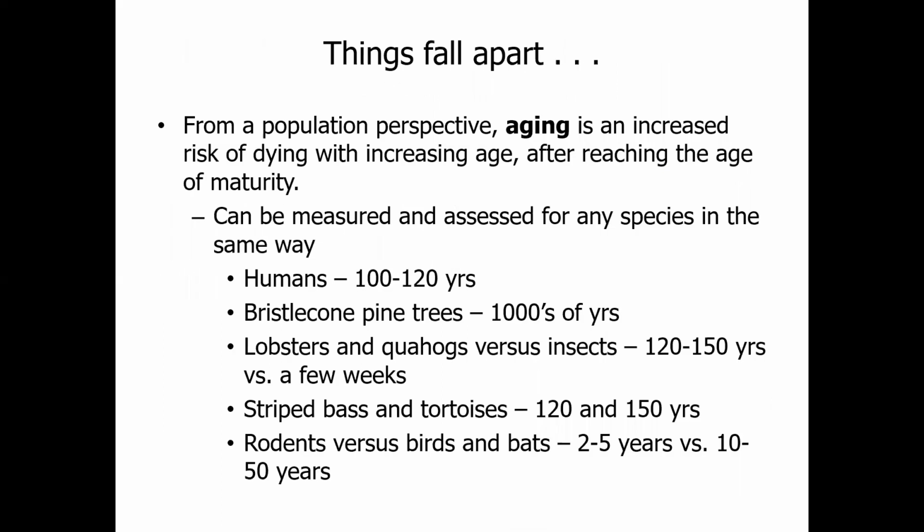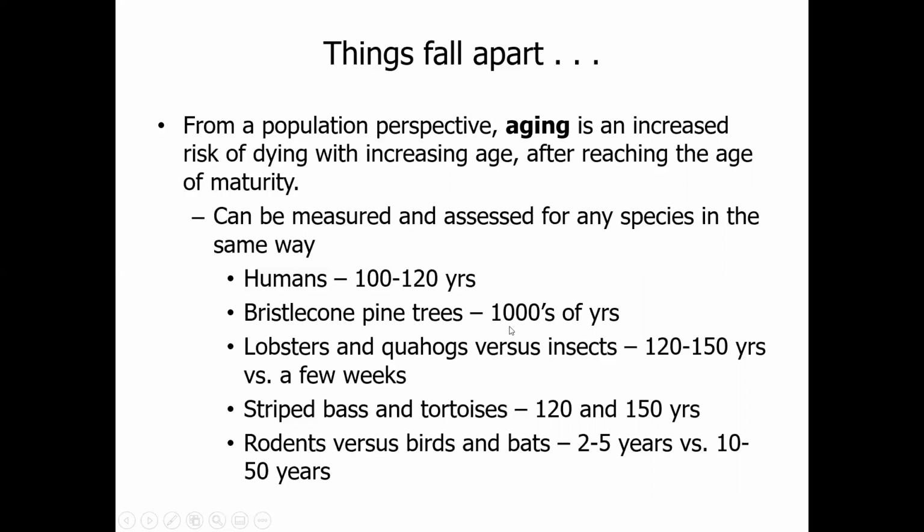But from an ecology population perspective, aging is all about the increased risk of dying. So as you get to a higher age bracket or age interval, you are more likely not to make it, is the idea in ecology. Depending on what organism you look at, it impacts how you assess aging, because not every organism lives the same amount of time. A couple of examples I have below. Humans can live anywhere from 100 to 120 years, depending on good health and everything.